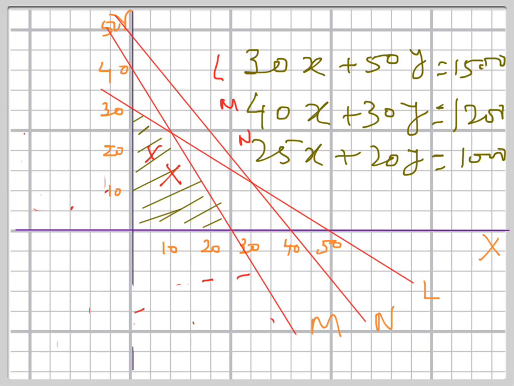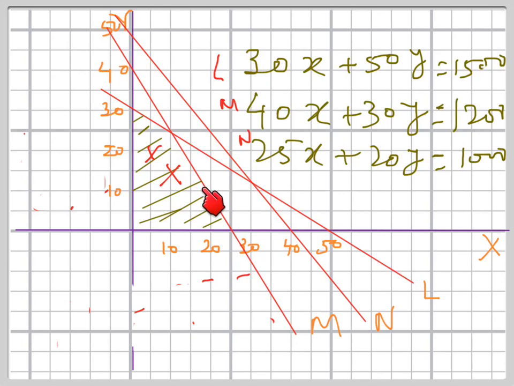So x being greater than 15, and if you look at the feasible solution space, you find that x equal to 15 is somewhere here, and we have to look into a situation where you have multiple optimum solutions where x is greater than 15. So x greater than 15 means it will be in this part, and you have this line, which is the M line, which is actually restricting the feasible solution space.